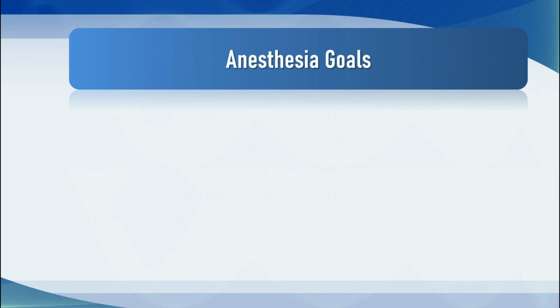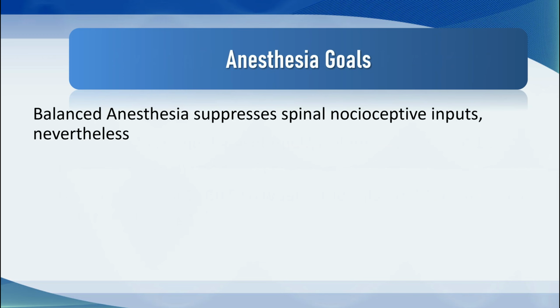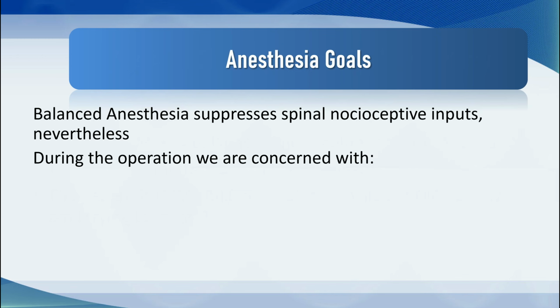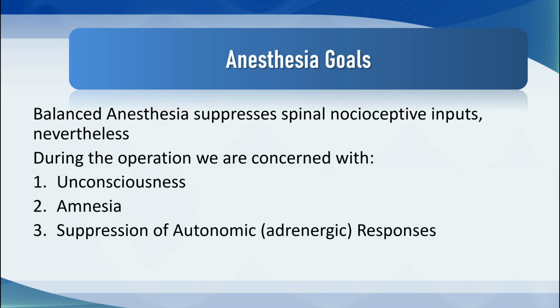And of course, our anesthesia goals are balanced anesthesia to suppress spinal nociceptive inputs, but nevertheless, during the operation, we are concerned with unconsciousness, amnesia, suppression of autonomic adrenergic responses, and hemodynamic stability.